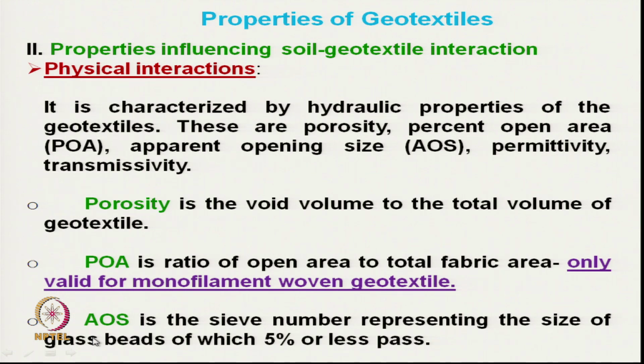Apparent opening size is used to get an idea of the pore size, and it is measured by sieving a standard size of glass bead. So, AOS is the sieve number representing the size of glass bead of which 5% or less is passed.